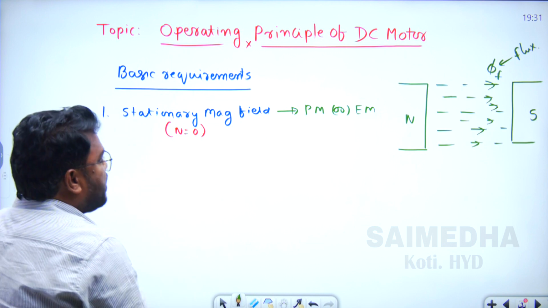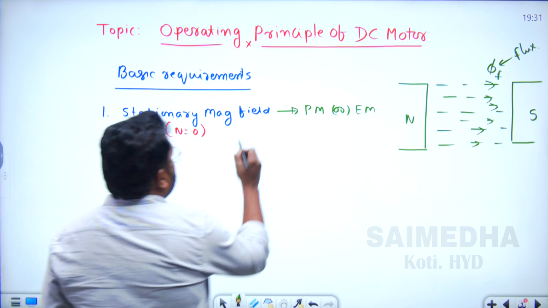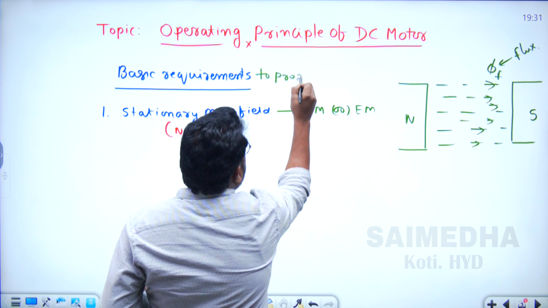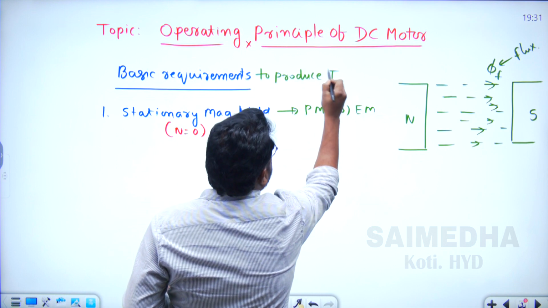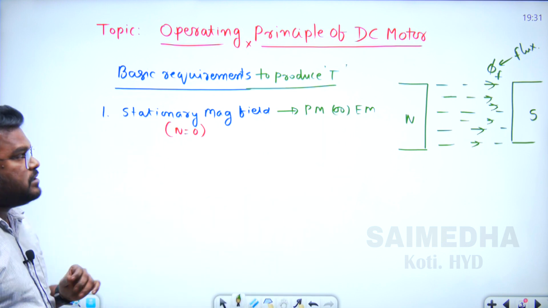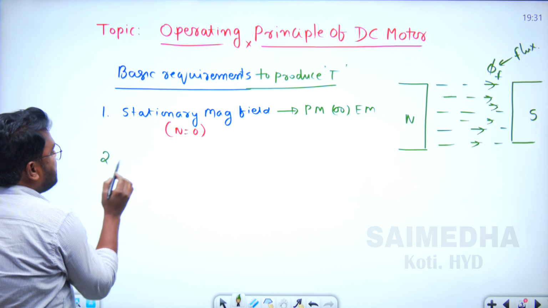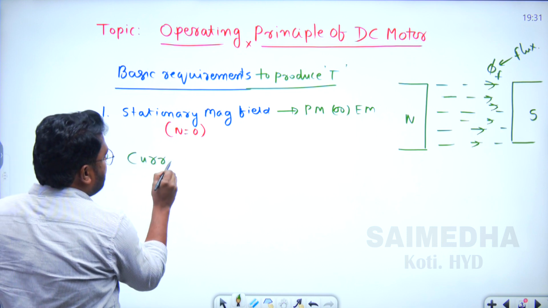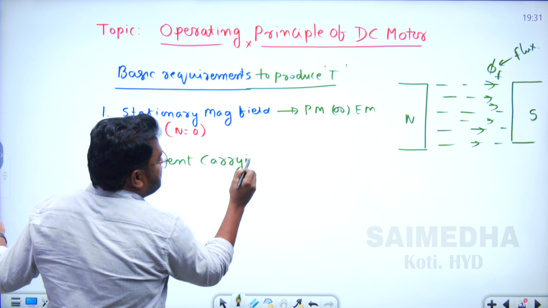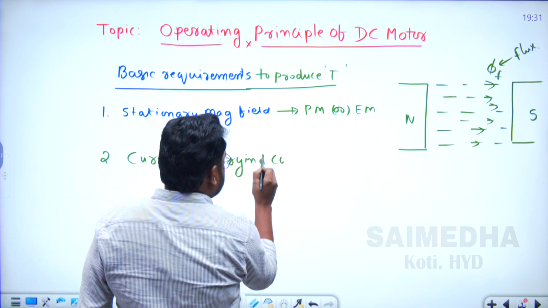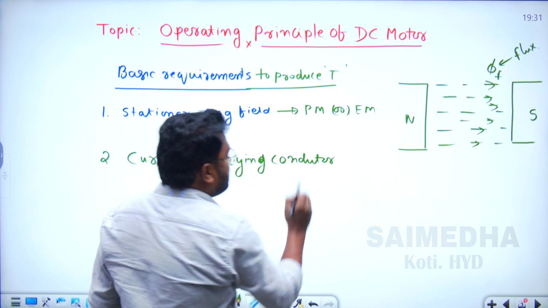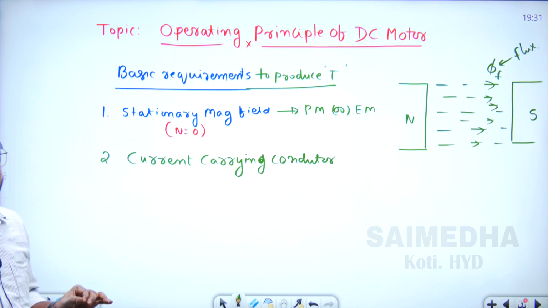And another requirement to produce the torque, these are the basic requirements to produce the torque in the DC motors, where T is nothing but the torque. The second requirement is current carrying conductors. What is meant by torque here?